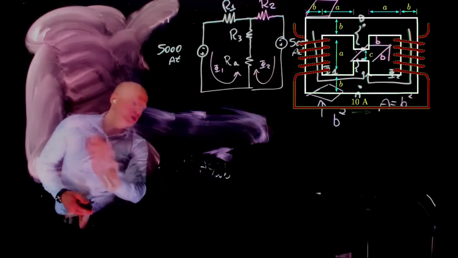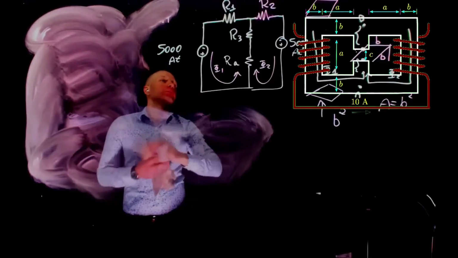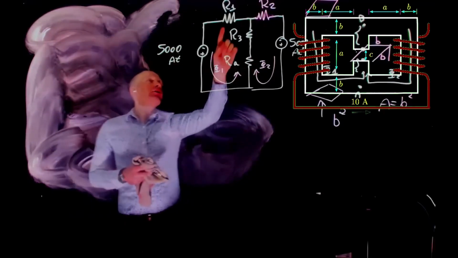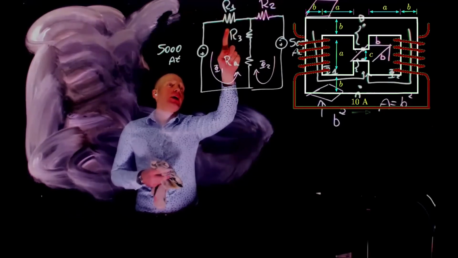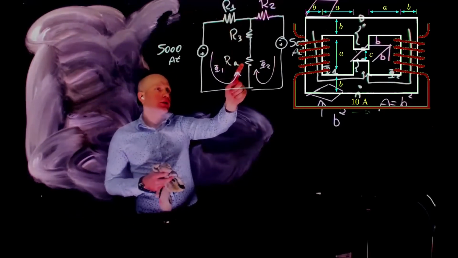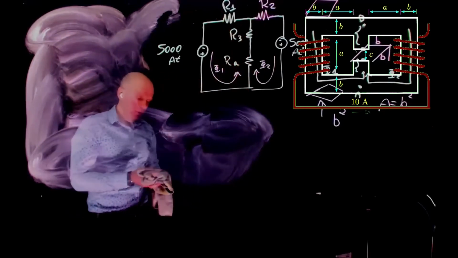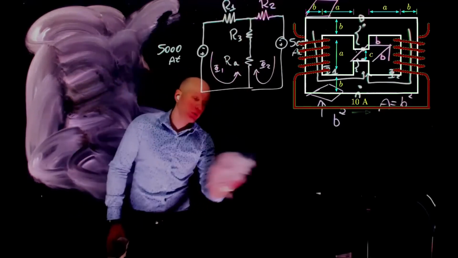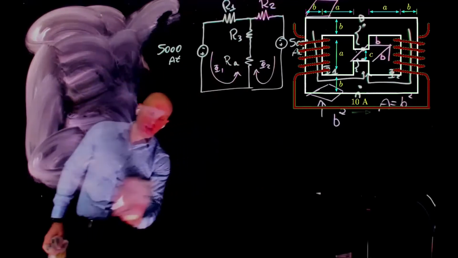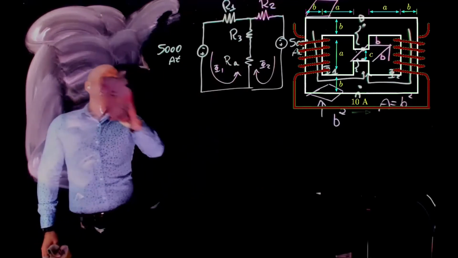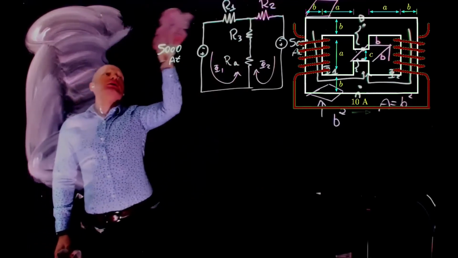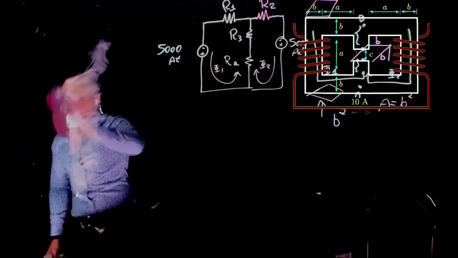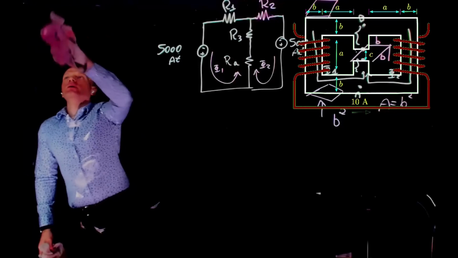So take each of these loops that we have here, loop 1 and loop 2, and we can write that R times phi plus R times phi plus R times phi equals the input, in the very same way that we write Kirchhoff's law for electrical circuits, but now using the analog quantities in the magnetic circuit. So get to that in 1 second.